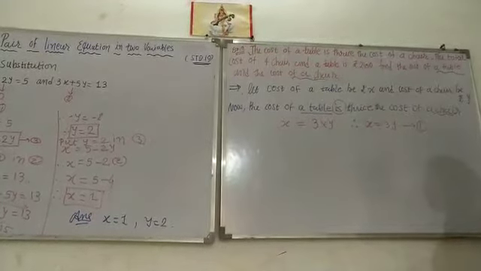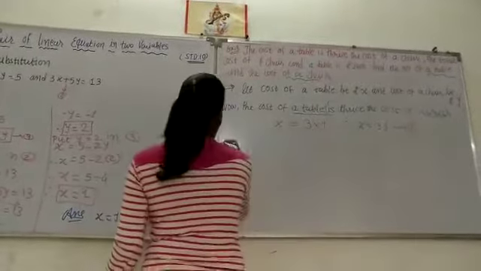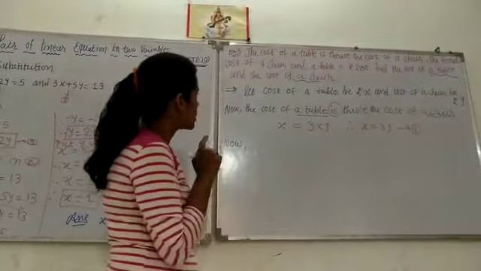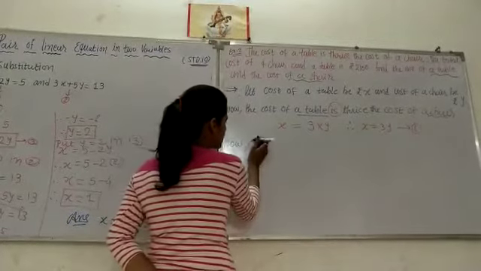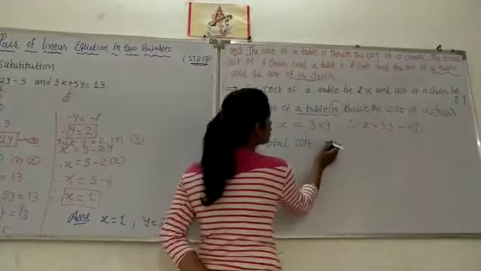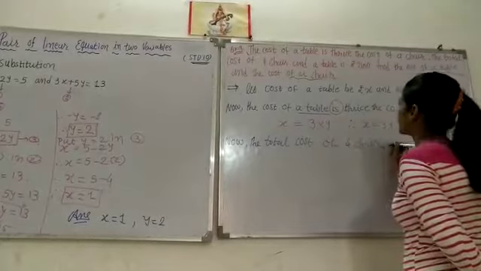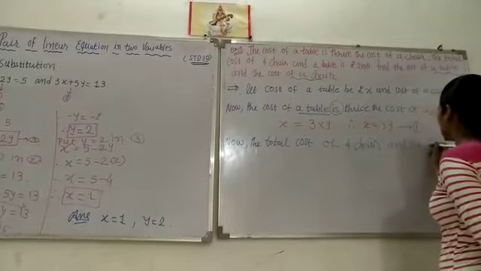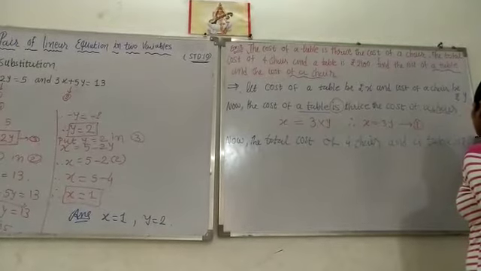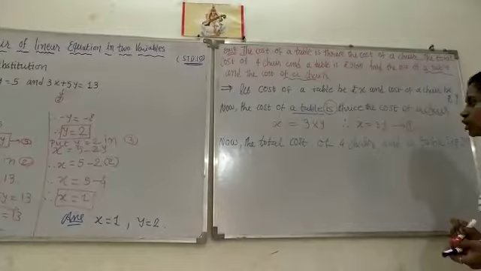Now read the next condition and convert it into a mathematical form. So you should write next condition verbally. The total cost of 4 chairs and a table is rupees 2100. So converted into a mathematical form.